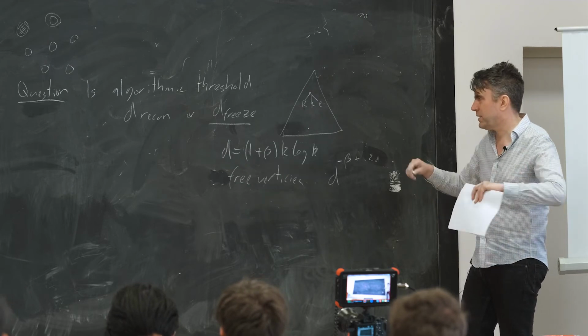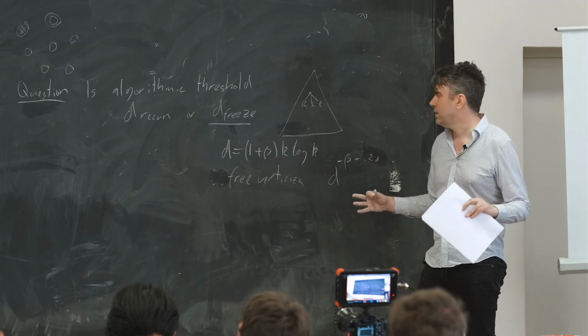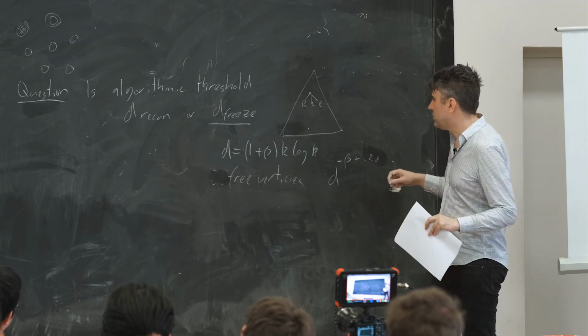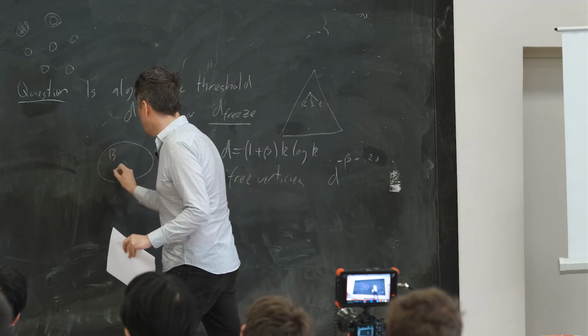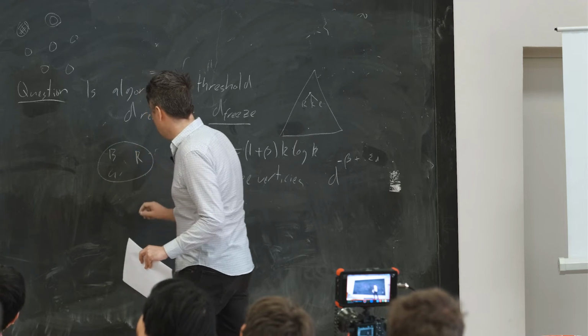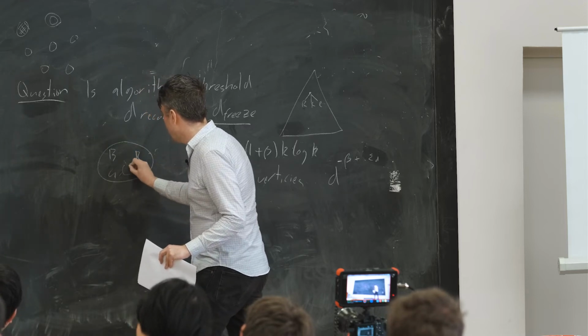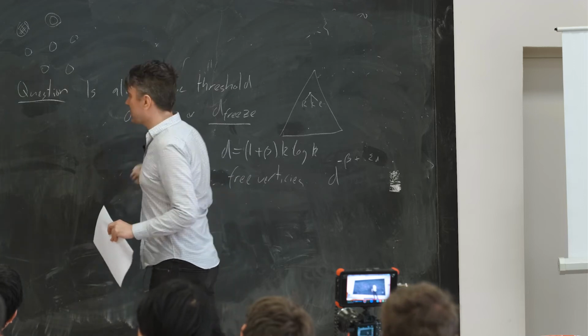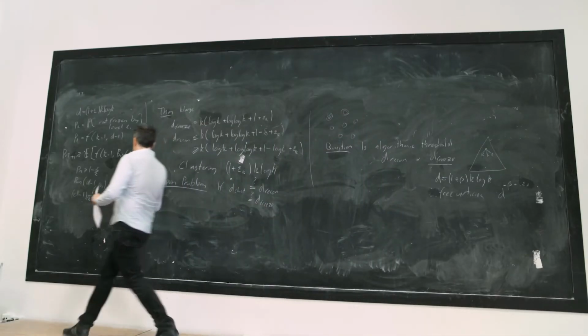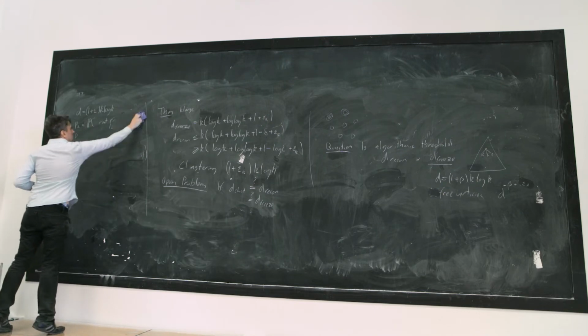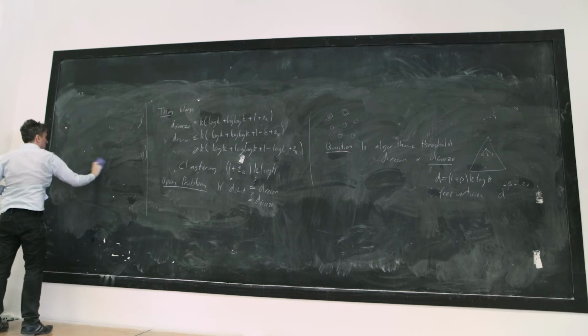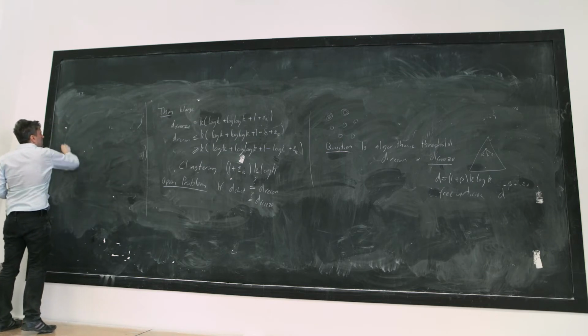So if you want to think about what this cluster looks like, within a cluster, most of the variables are always blue or always green or always red, but occasionally you get, I should draw a better picture of this. So most of the variables are frozen. They're either always blue or always green or always red.